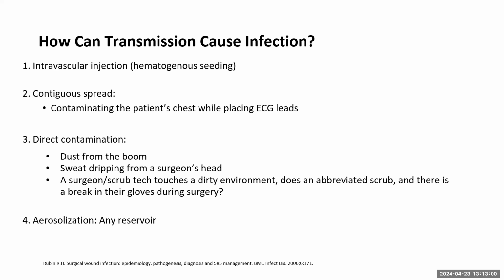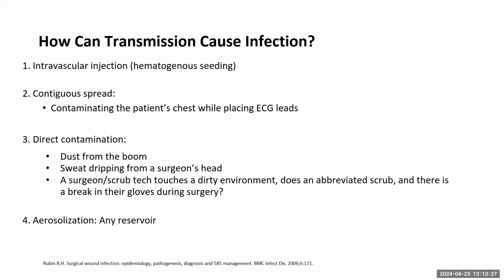So it can be injected through the catheter, and every surgical wound has a hematoma. And through circulation, even 1 or 2 organisms that end up seeding the hematoma, especially if there's significant blood loss and there are nadirs in the antibiotic plasma concentration, can infect those hematomas and lead to chronic infections.